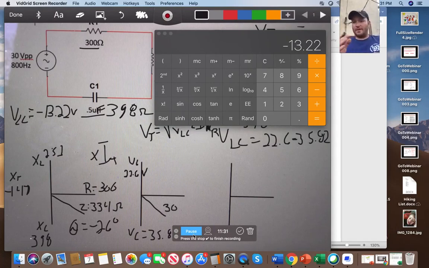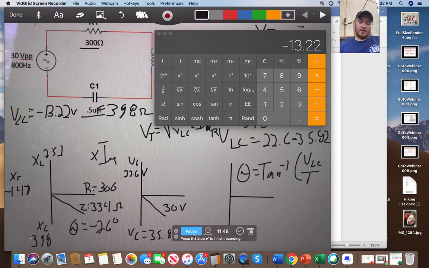That would be the formula if you didn't know what your voltage total was. We already know that it's 30. So the last thing we need to do is double check the phase angle, which is our inverse tangent of VLC over R.